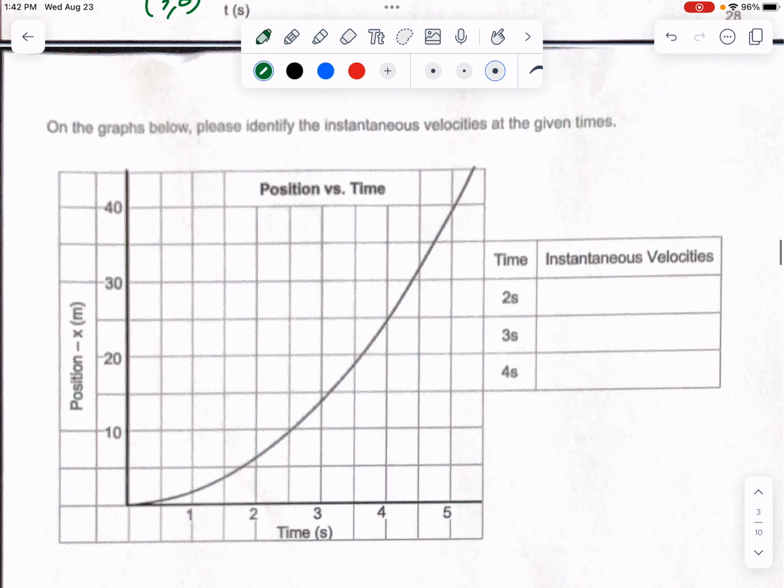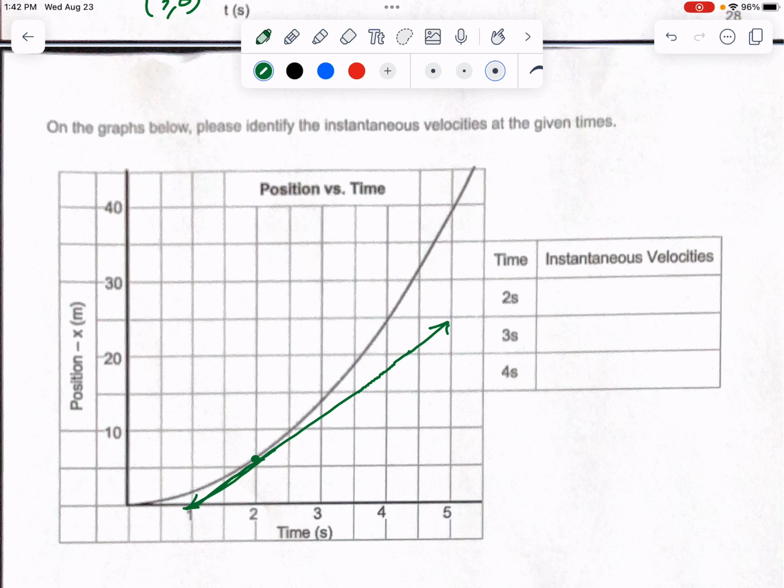So if we go to this next example right here, I want to find instantaneous velocity at 2 seconds. Okay, so at 2 seconds, what I'd do is I'd draw a little point right there, and I would draw a tangent line that bumps up next to that. Now, it's a little bit harder for me since I don't have a straight surface to trace a line with, but my line would look something like that.